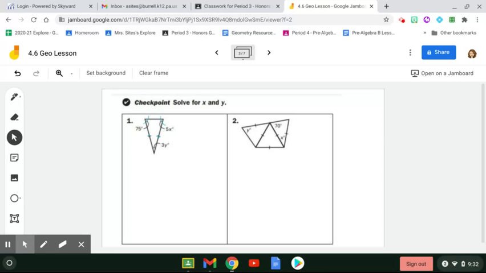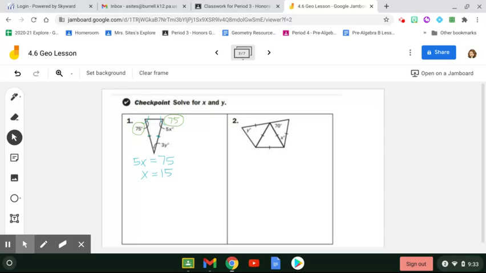So we can say that 5x is equal to 75. When I divide both sides by 5, I'm going to end up with x being equal to 15. So to help me get my answer for y, I know that this angle here is 75. I know this angle here sums up to be 75, because 5 times 15 will give me 75.